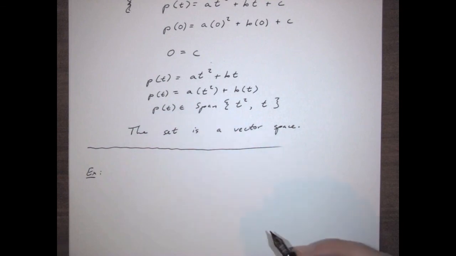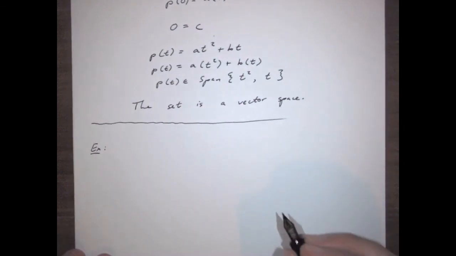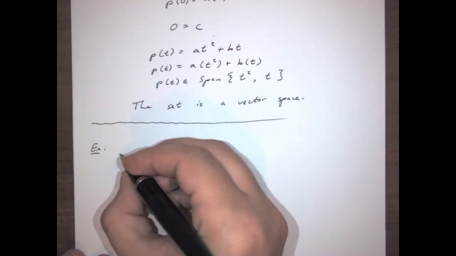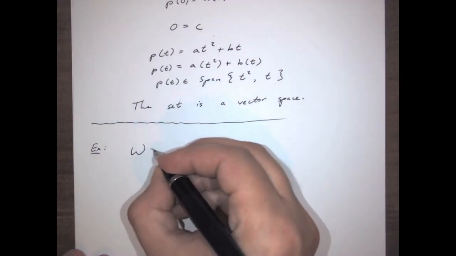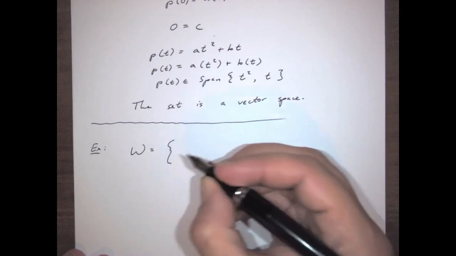All right, and then the last version of this that we're going to look at is a case where the set is defined in a way that involves certain equations.